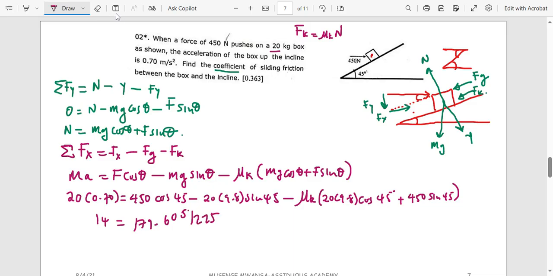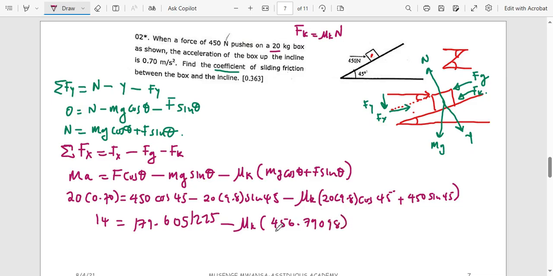179.6051225. Please never be quick to round off. And then we have remained minus mu k. I'm going to punch now what is in the brackets: 20 multiplied by 9.8 multiplied by cos 45, and then plus 450 multiplied by sine 45, and that has given me 456.79098.